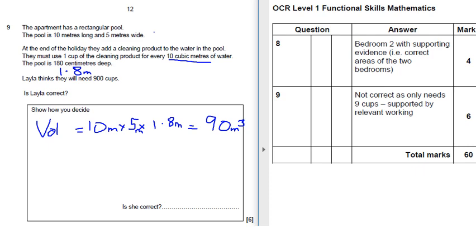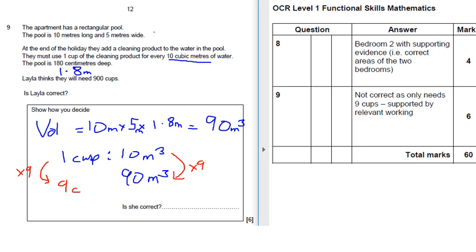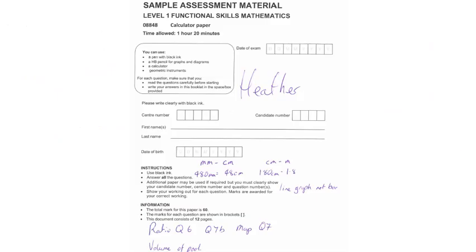So what we're saying there is 1 cup for 10 cubic meters. So for 90 cubic meters, we're going to have to times by 9. Is she correct? No. She reckoned 90, we only need 9 cups. Okay, 9 cups. So there you go, end of that one.